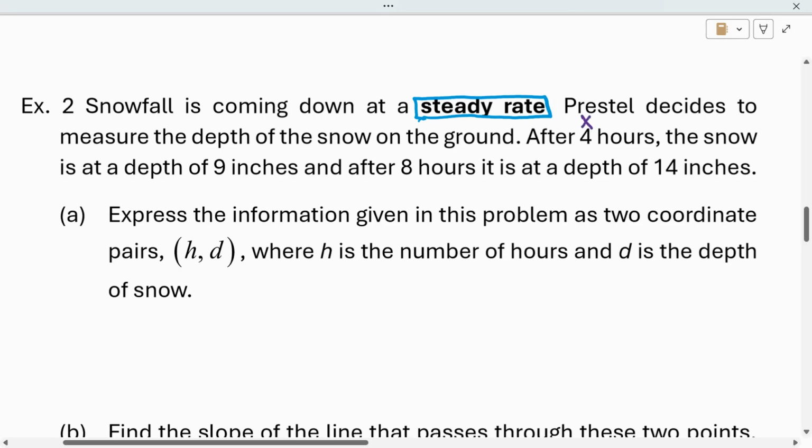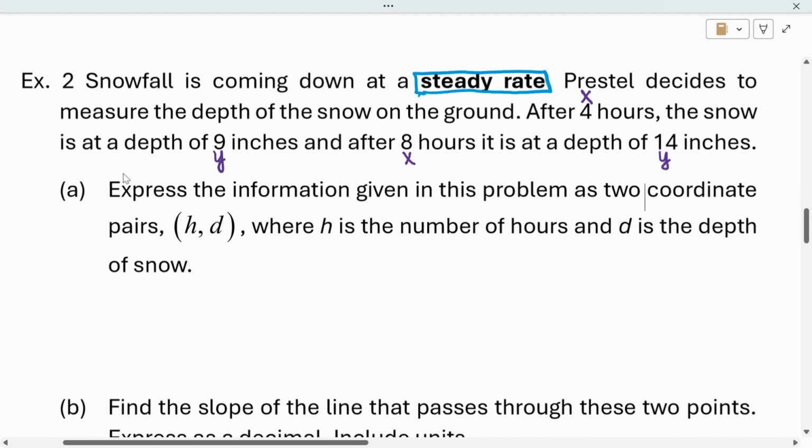Time, x, is going to be 4. The depth of the snow, 9 inches, is going to be y. Again, our second ordered pair, 8 hours, time is going to be x, and the depth of our snow, y, is 14 inches.